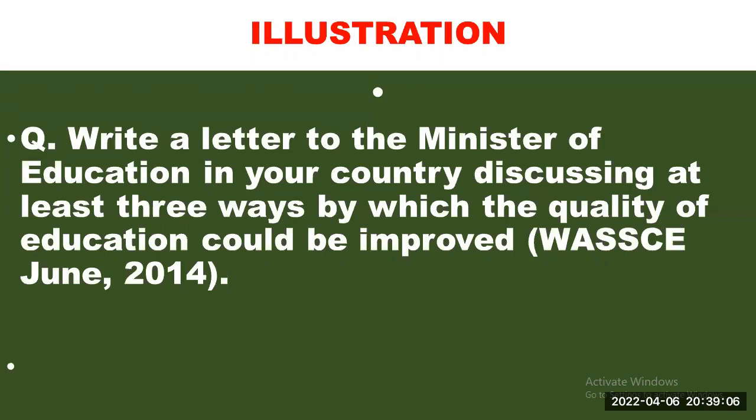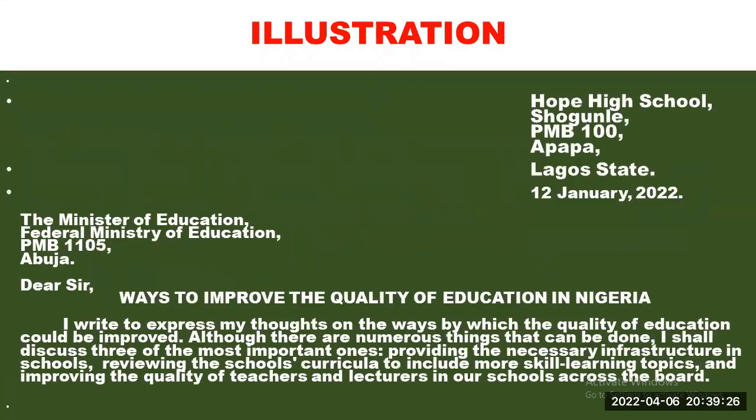And this question is taken from the West African Senior School Certificate Examination of June 2014. I had earlier used this illustration in a previous video, but today, for the purpose of greater clarity, I'm using the question again to illustrate, and I will simply dive into the actual letter and show you these 7 easy steps. They are very simple, very easy, so I want you to capture it in its simplest form.